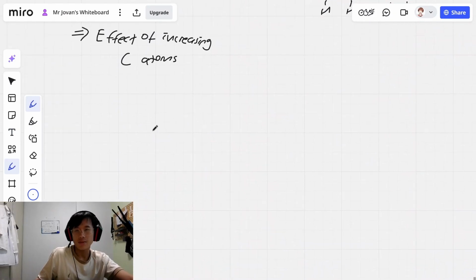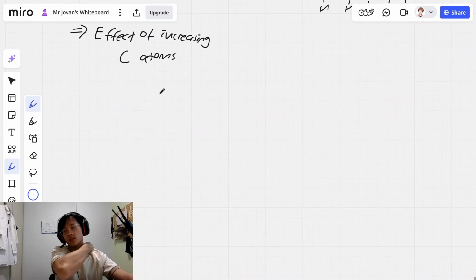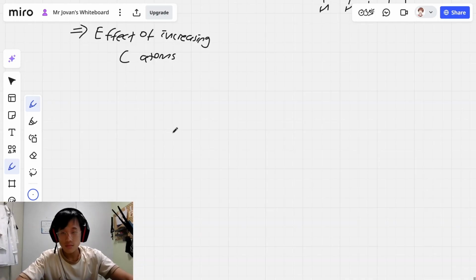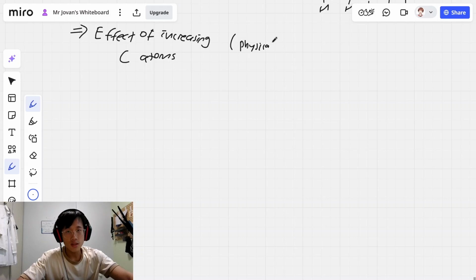When we change the number of carbon atoms in our homologous series, let's see what are the changes. First of all, we must know that when we increase the number of carbon atoms, this is actually affecting the physical properties of the compound. What are physical properties? First of all, we have melting and boiling point.